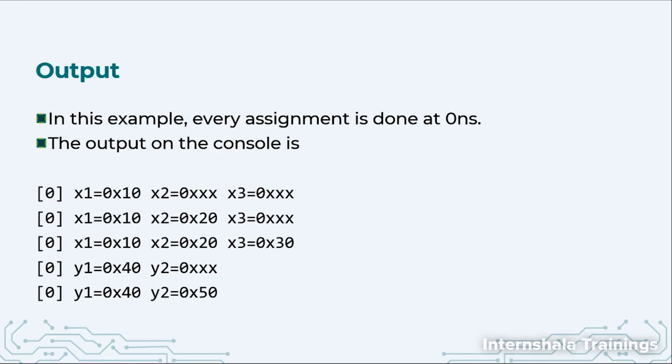Looking at the last 2 results, first of all y1 is assigned, y2 was undefined, and then both y1 and y2. This is happening in parallel, so it will not depend on the complete execution of block 1. So in parallel block 2 is also executed.